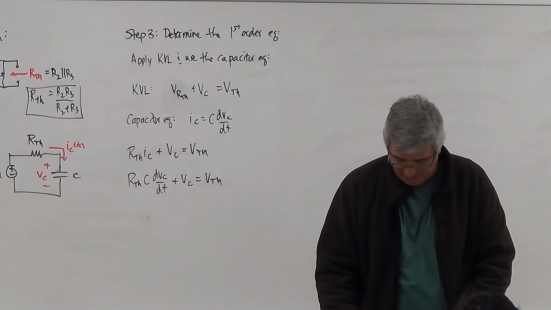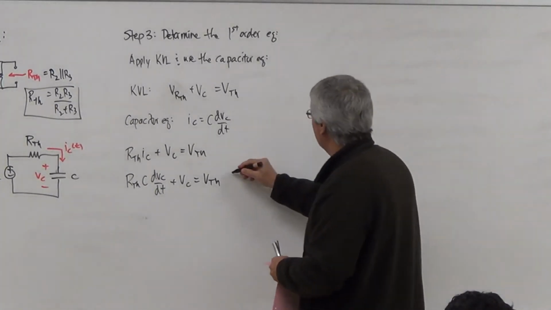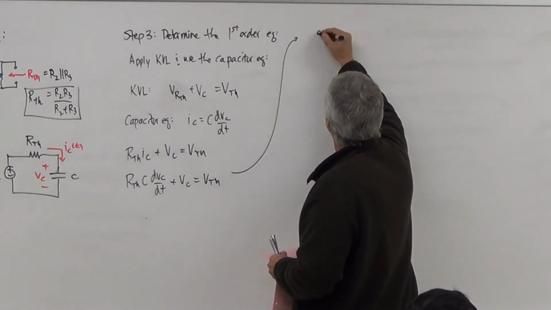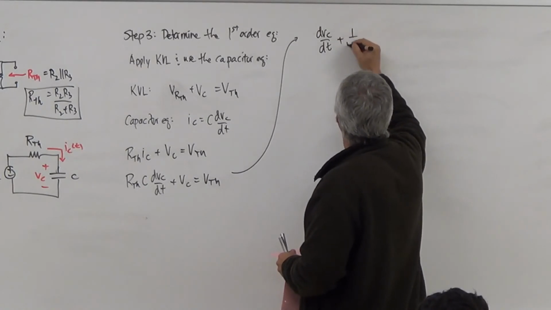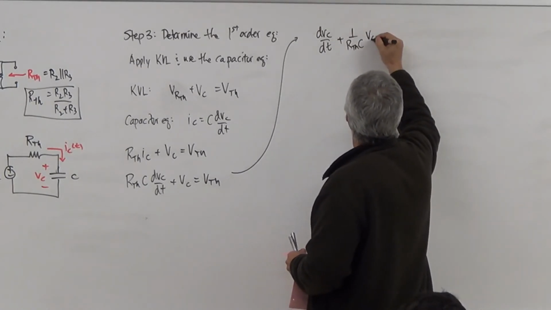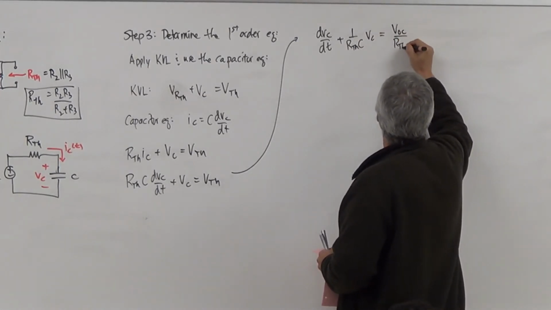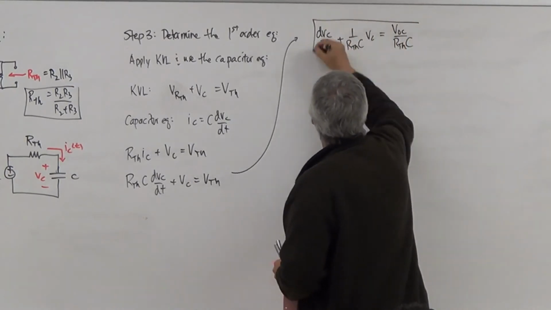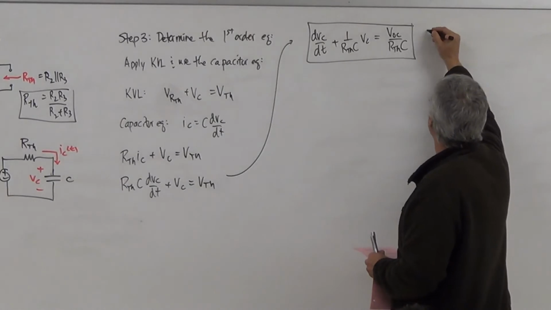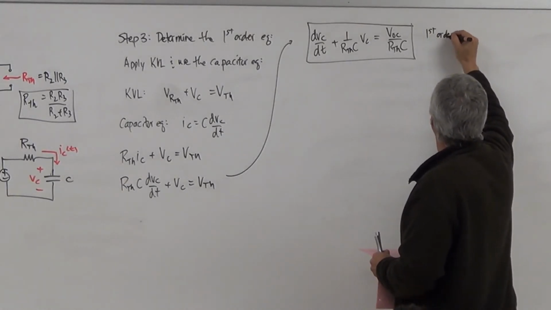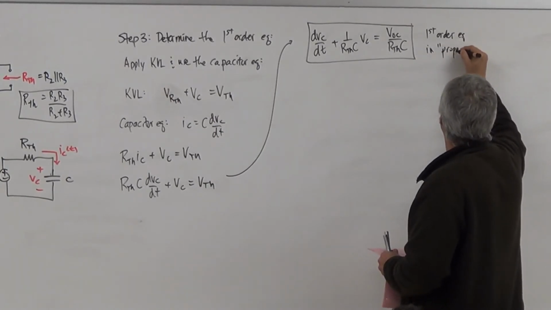I write this as dV_C/dt plus 1 over R_TH C times V_C equals V_OC over R_TH C. This is our differential equation right there. So this is what we call our first order equation in proper form.